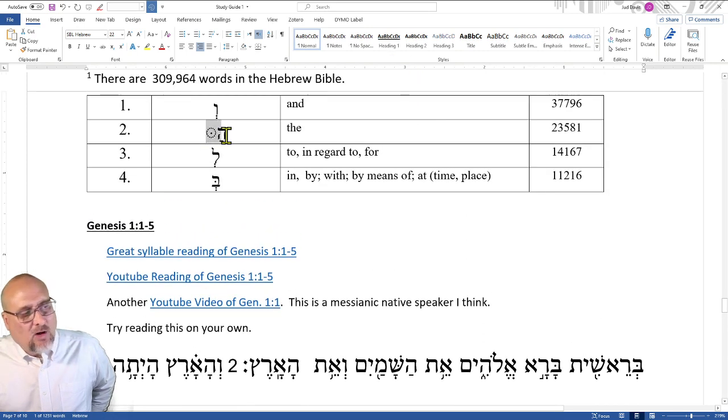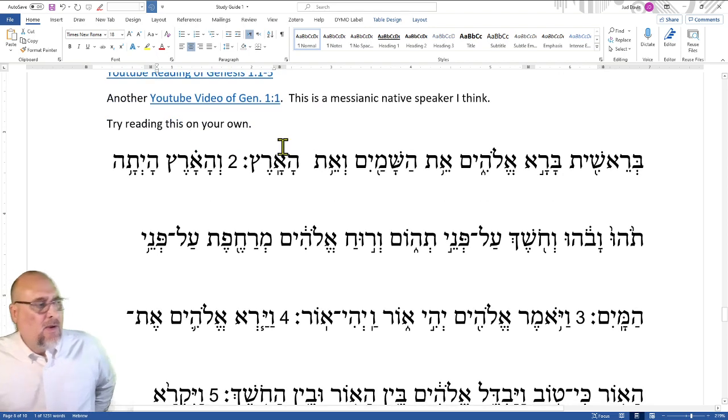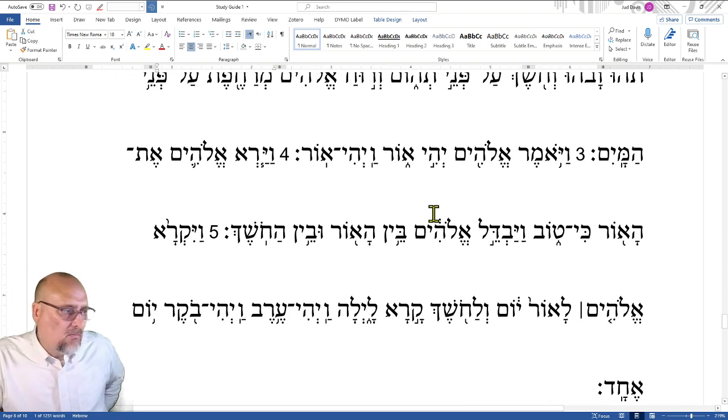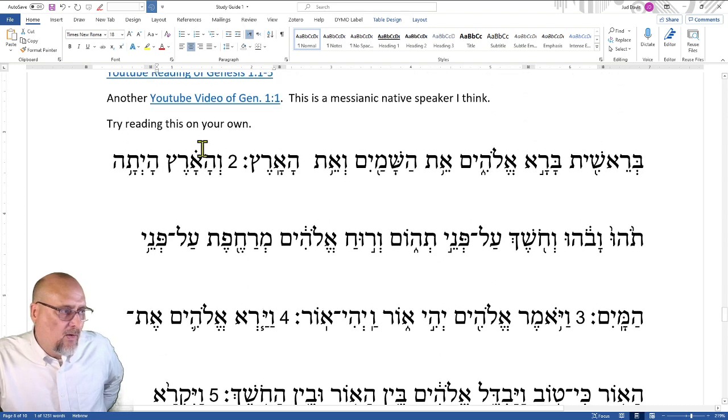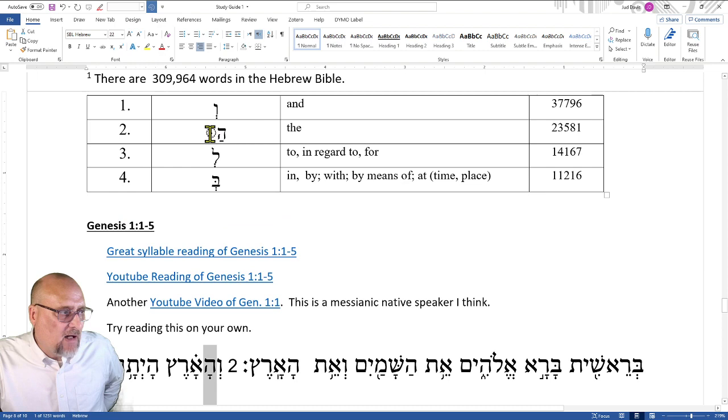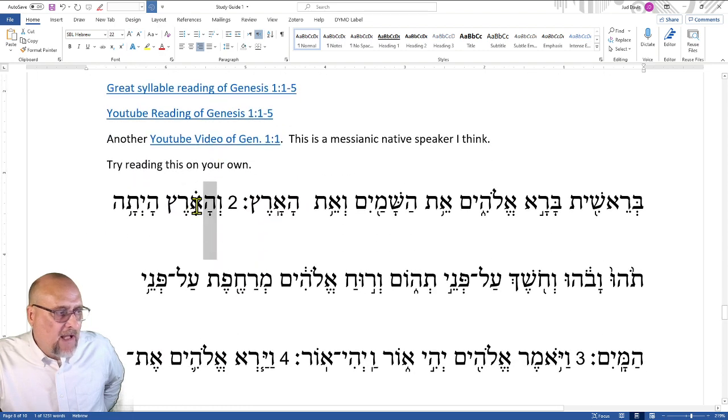The next word we want to memorize is the word "the." It's right here. Usually you have a double dagesh, but you can't double a guttural, so you lengthen the vowel. So this is the word the land. So, and the land.